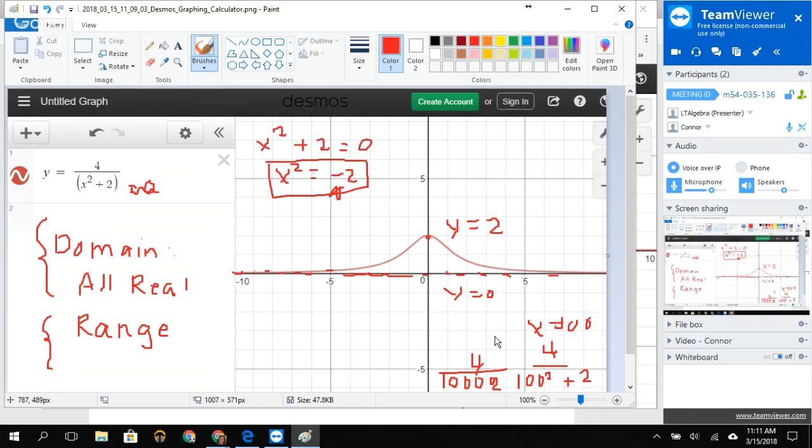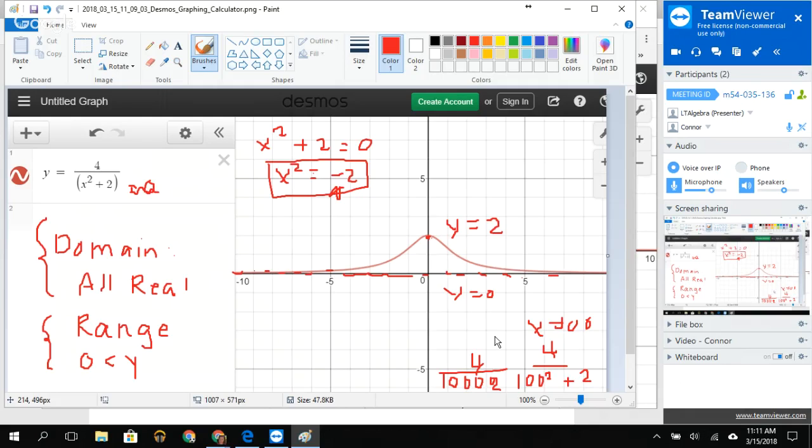Any small number divided by a really big number is going to get a really, really small decimal, but I can never actually get it to hit 0. So I know that y can't ever actually equal 0. y has to be greater than 0. So I know that part of my range.